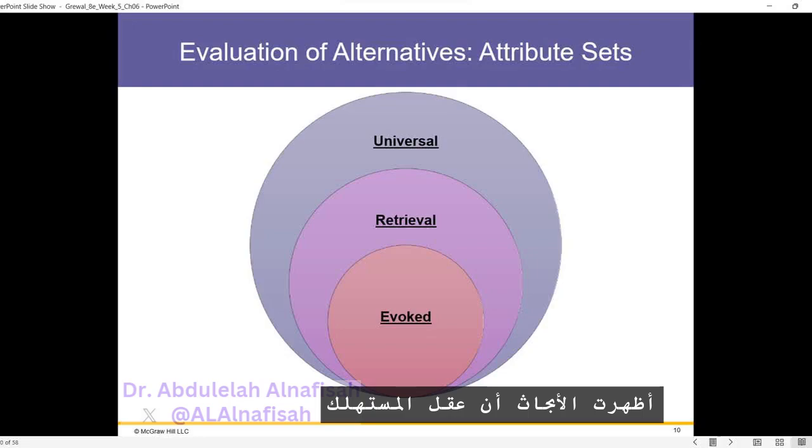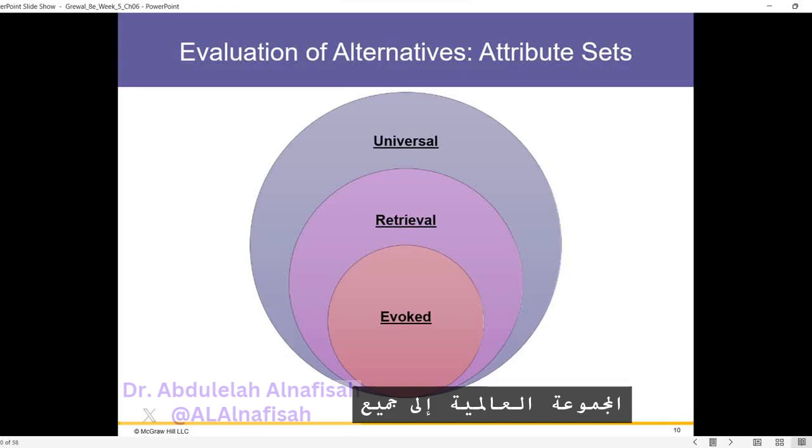Research has shown that a consumer's mind organizes and categorizes alternatives to aid his or her decision process. I will explain how consumers organize and categorize alternatives during the decision-making process. 1. Universal set.